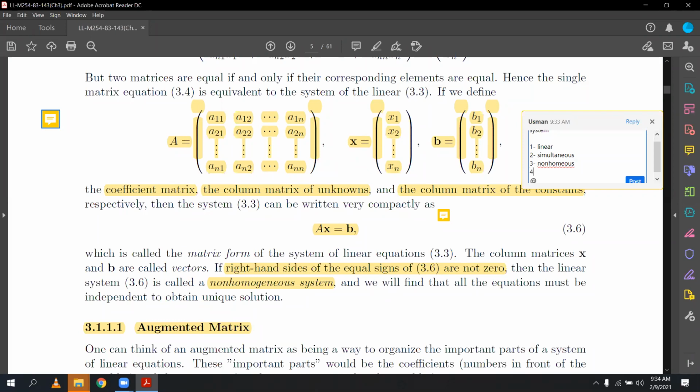And what is the 4th one, please? Your system should be non-singular. If we have these 4 conditions with us, then it is a 100% guarantee you have a unique solution.